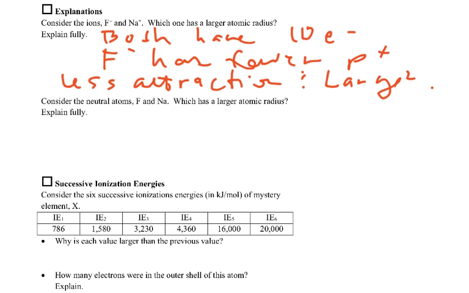Now when we look at F and Na neutral, that's a different situation. If we see F and Na, we have to visualize where they are on the periodic table. Fluorine is way over on the right side of the periodic table. Sodium is over to the left, but it's down. So again sodium is going to be larger, because it has a lower Z effective.